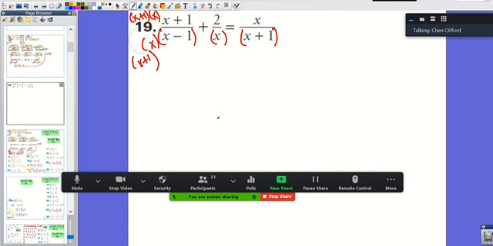Bear with me here. Now, what is this missing that that has? It's missing an x plus 1. It's also missing an x minus 1. What is this missing that this has? Nothing. This already has an x plus 1 just like this, so there's nothing to add over here.